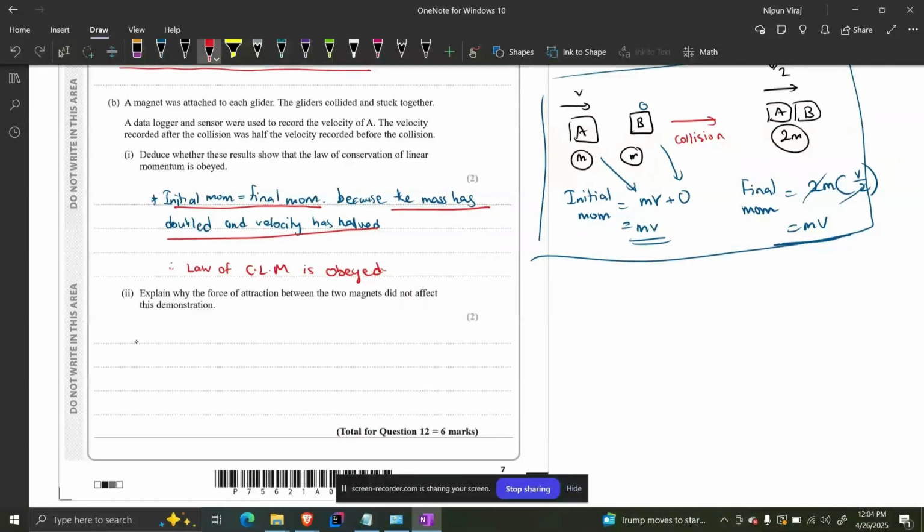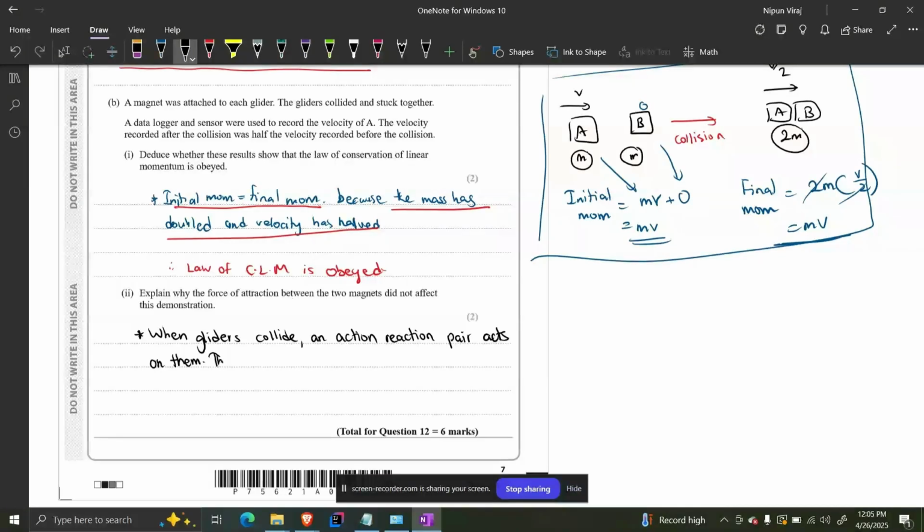We can say that when gliders collide, an action reaction pair acts.